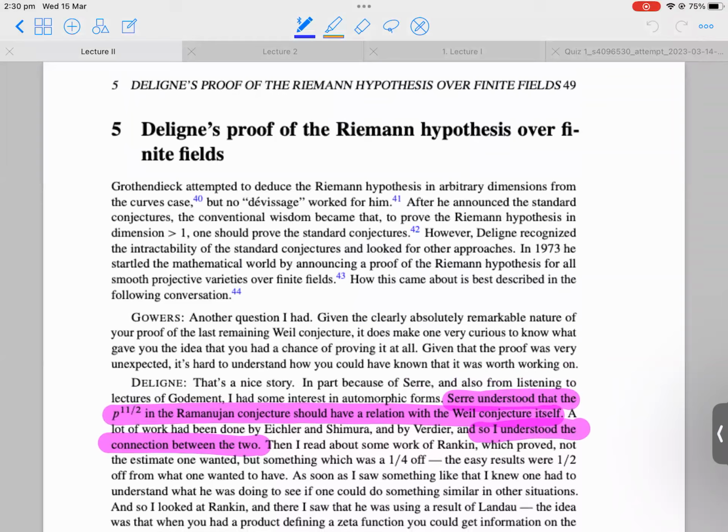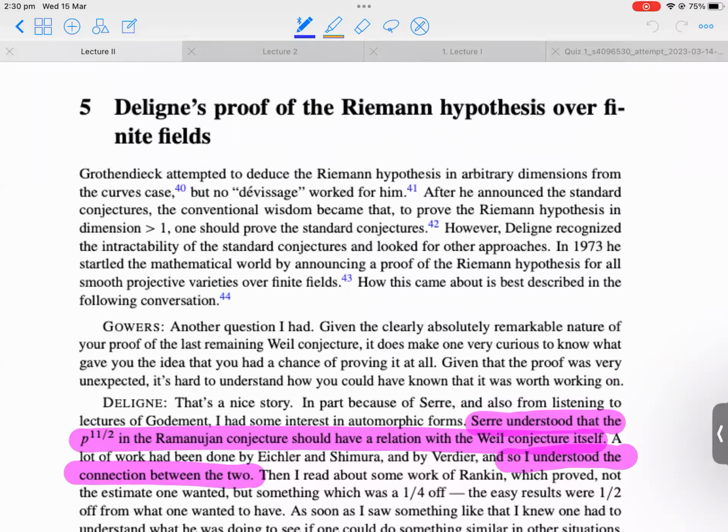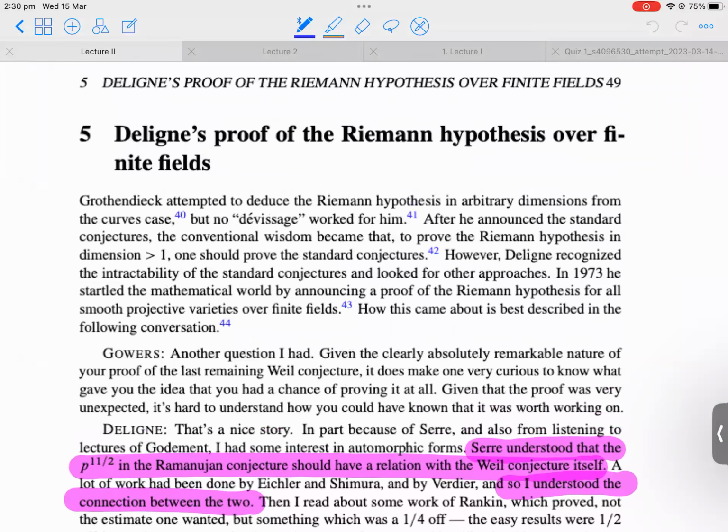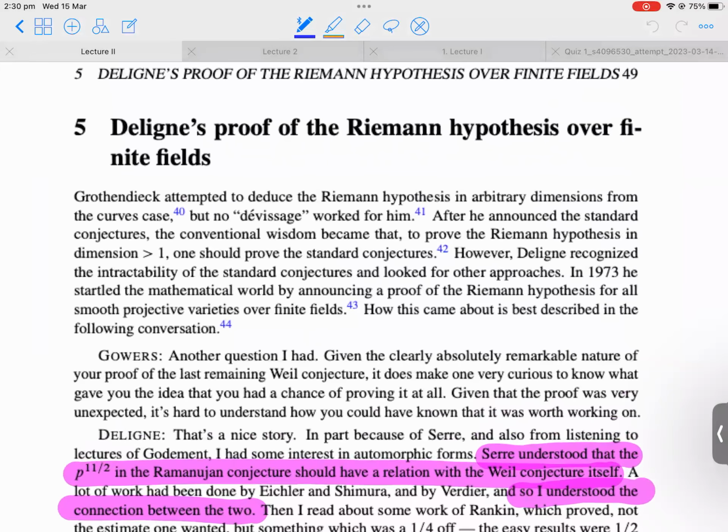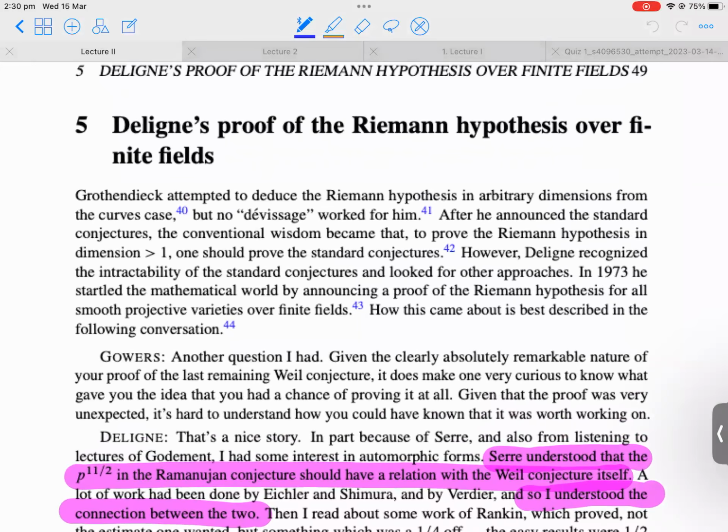This is taken from Milne's notes on the Weil conjectures. So we can read a little bit. Again, we're getting ahead of ourselves because Grothendieck hasn't even entered our story yet. But anyway, let's read together because it's interesting. Grothendieck attempted to deduce the Riemann hypothesis in arbitrary dimensions. By that, he means the Weil conjectures in arbitrary dimensions from the curve case. But no dévissage works for him.